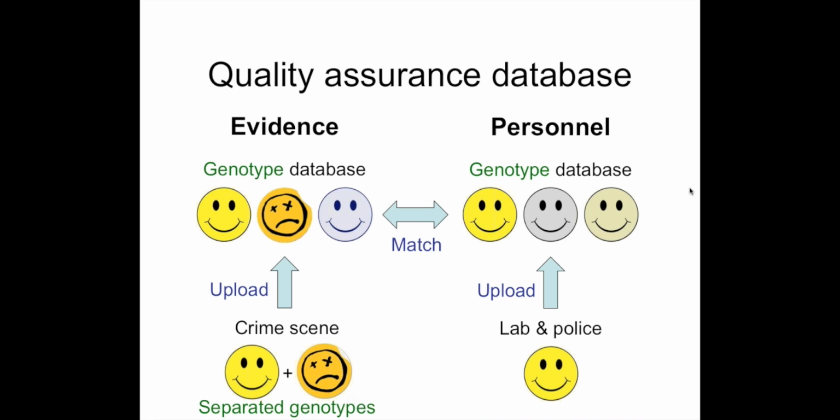And now if there is some contamination or some other issue on the evidence side on the left, then that can be identified and dealt with, because it's just one more matching process of the same evidence, whether it's evidence to find case-to-case matches, evidence to reference to find likely suspects, or evidence to personnel to identify contamination problems.